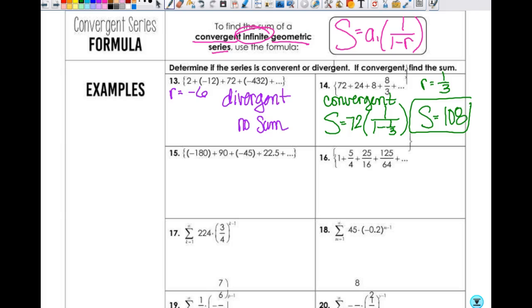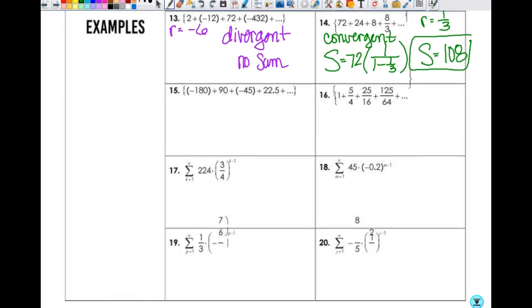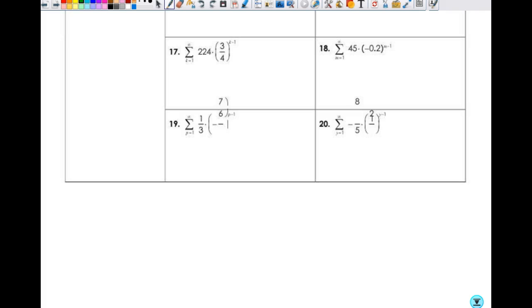All right, jump down to 17. So 17 has got this sigma notation going on. Notice I'm going from 1 to infinity this time, so it's an infinite sum that I want. This right here, what does 224 represent? a1. What does 3/4 represent? r. So is this convergent or divergent? It's convergent because the absolute value is less than 1, which means I can find the sum.